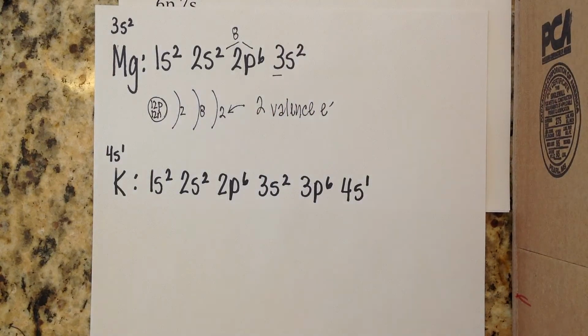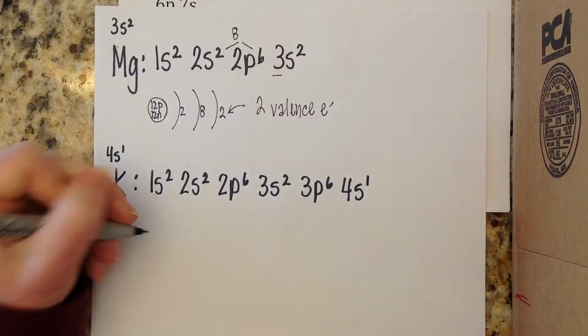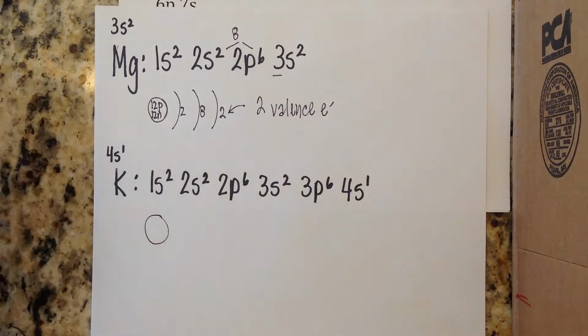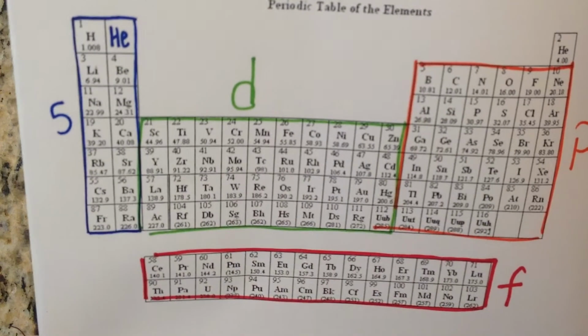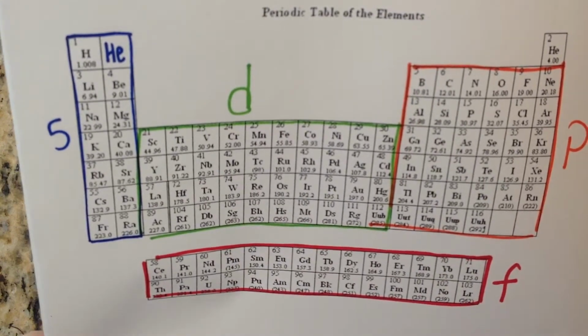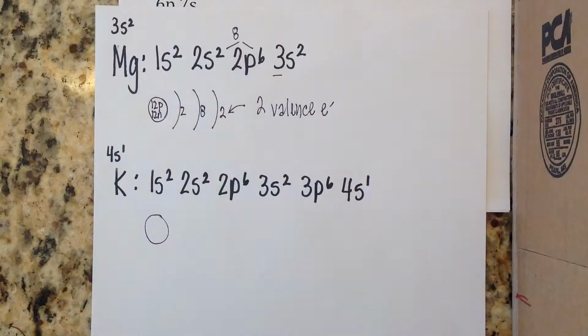So let's take a look at what the potassium atom looks like. Let's draw the nucleus. Potassium is number 19, so potassium has 19 protons.